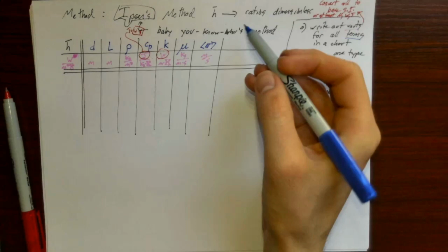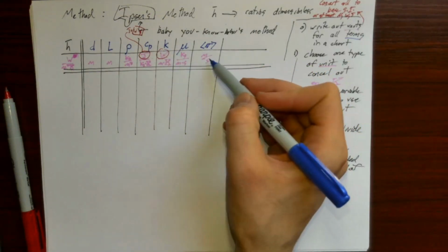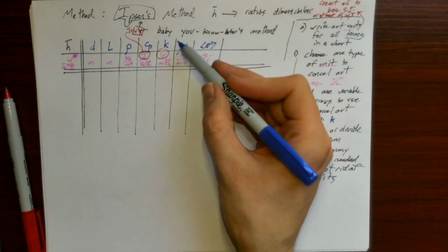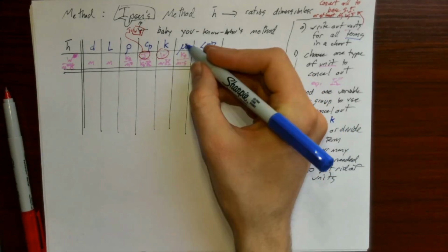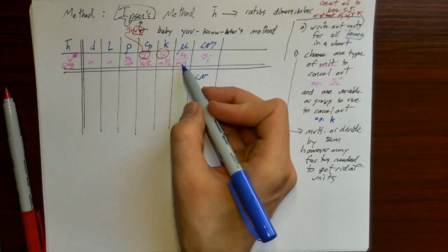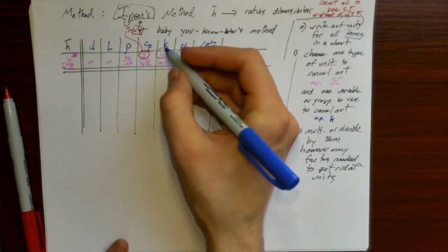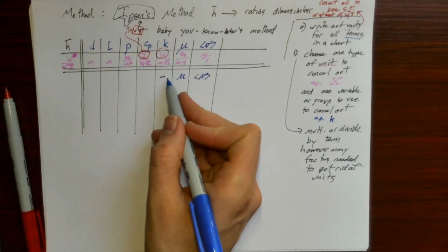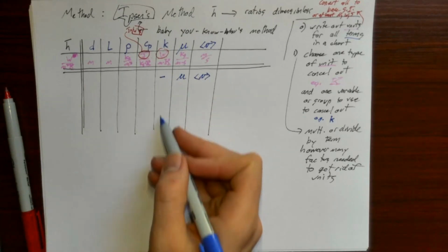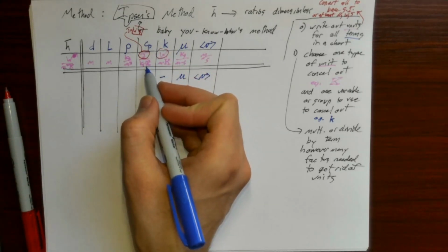So for example, I have velocity here. I don't need any Ks. Velocity doesn't have any kelvins, so I don't need any thermal conductivities here. So this one remains unchanged. Viscosity doesn't have any kelvins in it, so this one remains unchanged. This is the one that I'm using to cancel out, so I'm going to eliminate this one from contention now. Specific heat has a Kelvin in the denominator.